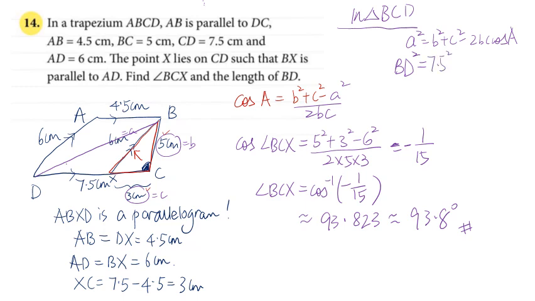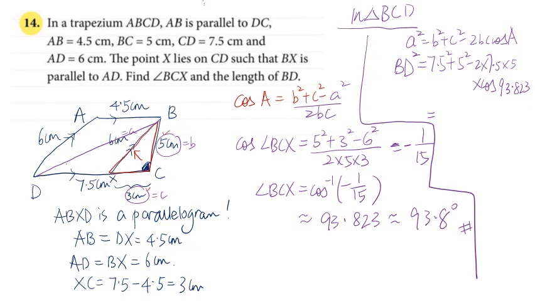So it's 7.5 squared plus 5 squared minus 2 times 7.5. Oh my goodness, running out of space. Your angle A is your BCX, which is also BCD, and that is 93.823. Okay, so you can use your calculator to work it out. It's a bit messy here. 7.5 squared plus 5 squared is 81.25, minus 2 times 7.5 times 5 times cosine 93.823, negative 5.